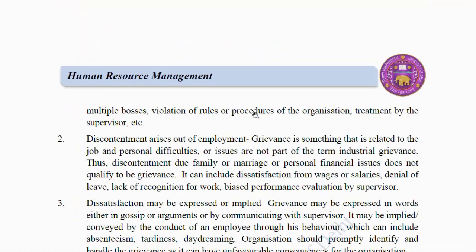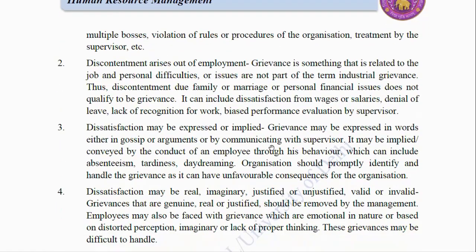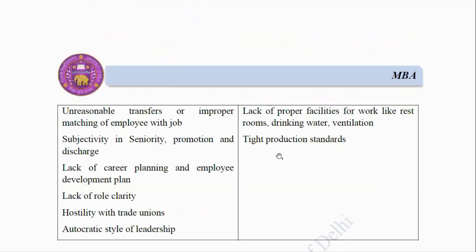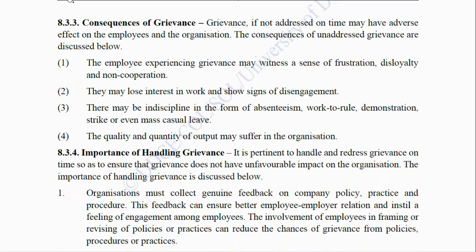On the other hand, working conditions include non-availability of machines, tools, and other equipment required for doing job, lack of proper facilities for work like restrooms, drinking water, ventilation, tight production standards.